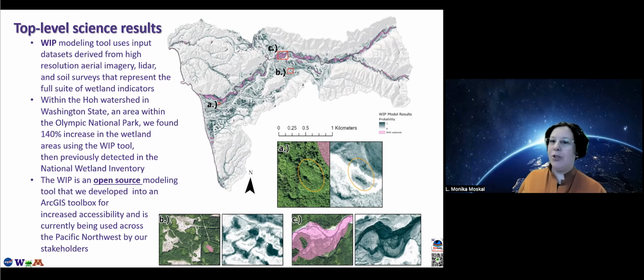And we know we're capturing this accurately because we have the field data to drive these models and to test these models. Again, WIP is an open source tool that you can plug into ArcGIS Toolbox, and we'll be working shortly to make it function outside of Esri products as well.